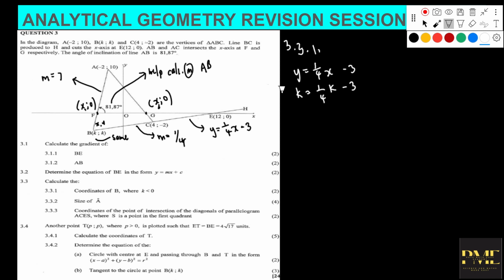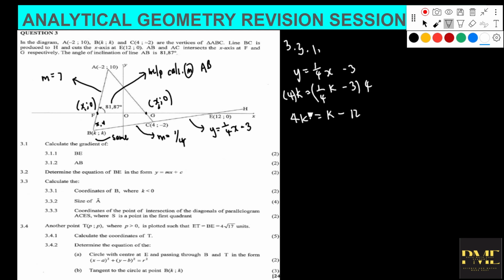So in other words, you multiply by 4 here, and multiply by 4 here as well. So we have 4K, which is equal to, 4 times 1 over 4K, the 4s will cancel and you remain with K only, minus 4 times 3, which will basically be negative 12.